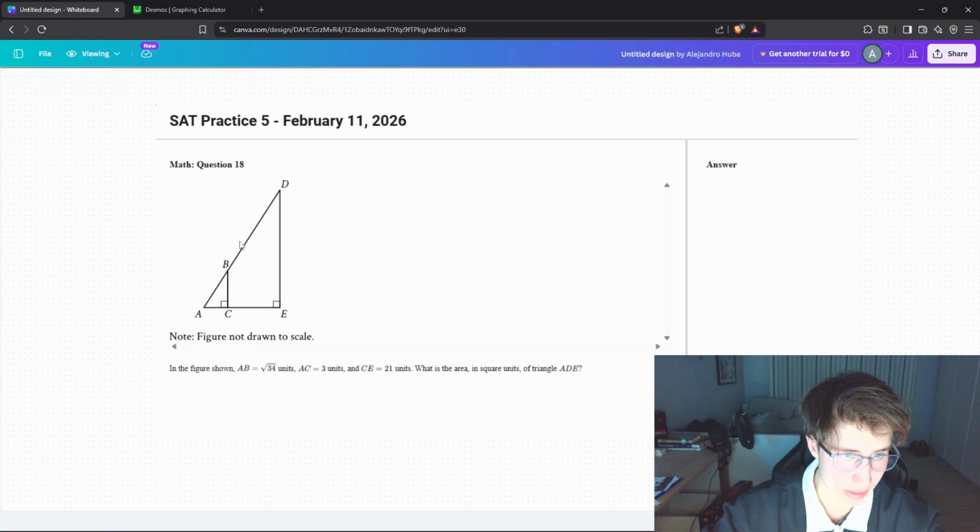So if we know that AB right here is the square root of 34 units, and AC is 3, and we know that CE is 21, we have to find what is the area of ADE. So we're first going to use regression to find, instead of a proportion, to find BD.